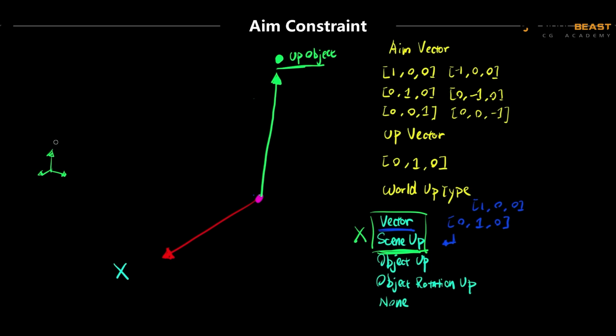For example, let's just use the default xyz, so we'll take the reference object's y-axis. Correspondingly, our up vector will also match this direction. So similarly, we have two directions, and we can definitely get the direction of the third axis, and then determine our rotation values. This is the difference between object up and object rotation up.